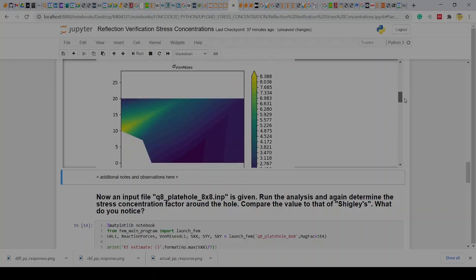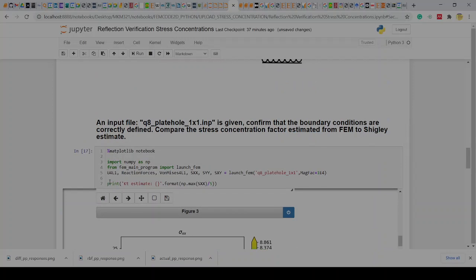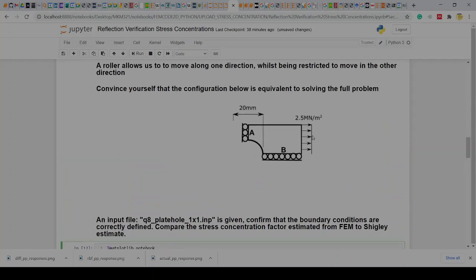If you look at this, von Mises 8.3, sigma xx 8.8, what I'm going to compute every time at the bottom is K estimate, which is the maximum sigma xx stress divided by the nominal of 5 MPa. That nominal is essentially taking this 2.5 meganewtons multiplied by its area, which gives the 50 newtons that are applied.